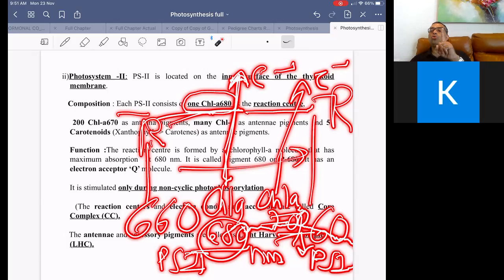Where does PS2 680 get located? In the inner membrane of thylakoid. Where is PS1 P700 located? On the outer membrane of the thylakoid and intergranule lamellae. ये खास याद रखना.